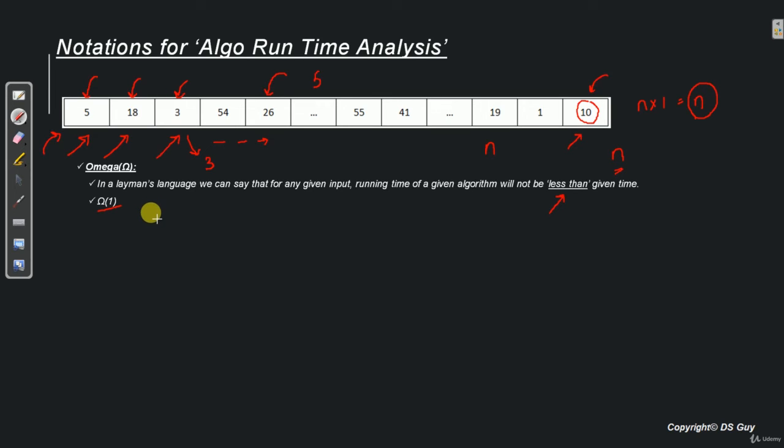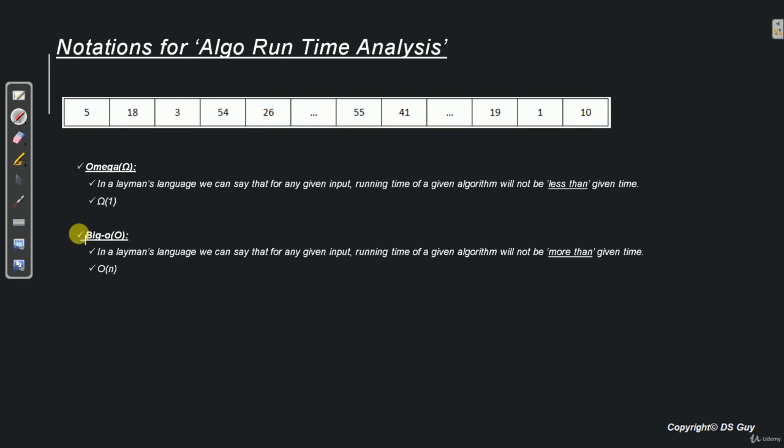Now let's see how we can represent our algorithm in terms of big O. So if you remember, big O always guarantees that the time taken by the algorithm will not be more than the given time. So in case we are trying to find number 10, this will take n time.